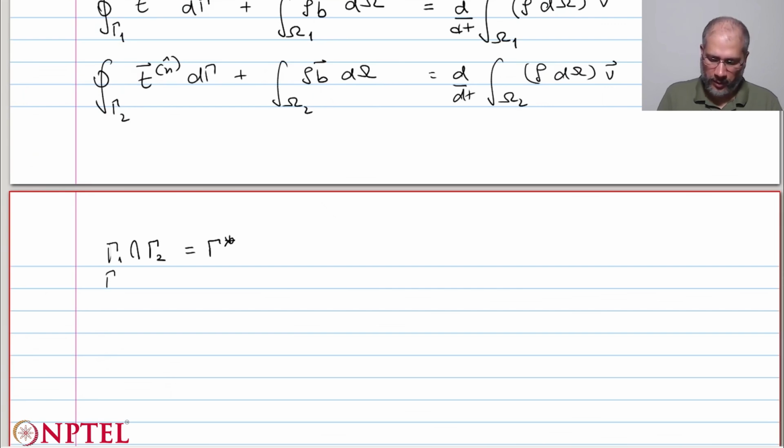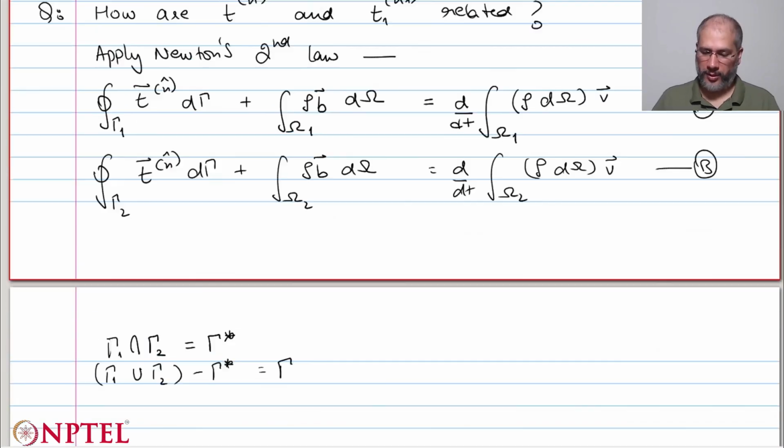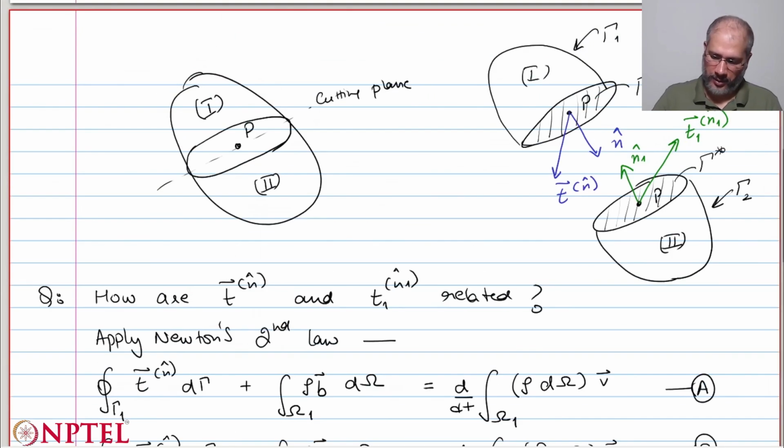And if I take the union of these two, gamma 1 and gamma 2, I have to subtract a gamma star from this, and that gives me the gamma, which is basically the bounding surface area of the actual body. So we'll call this gamma, which is the bounding surface area for the complete full body.